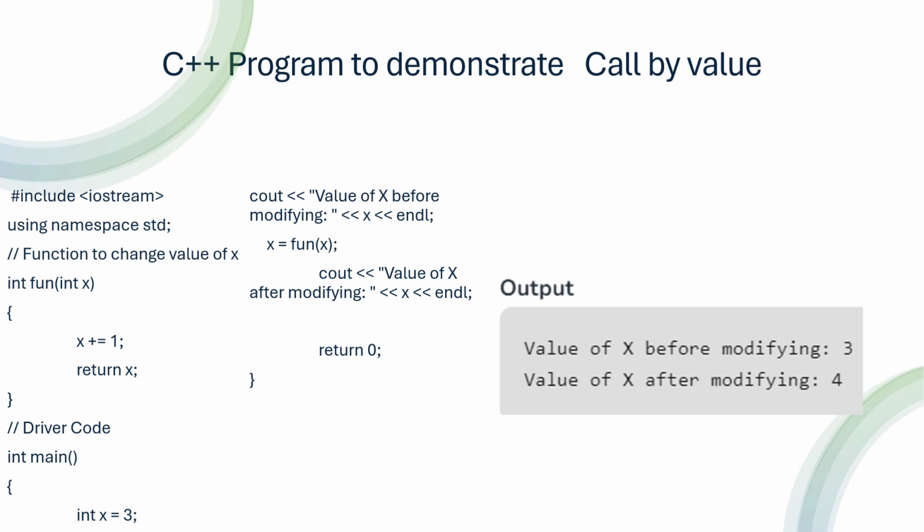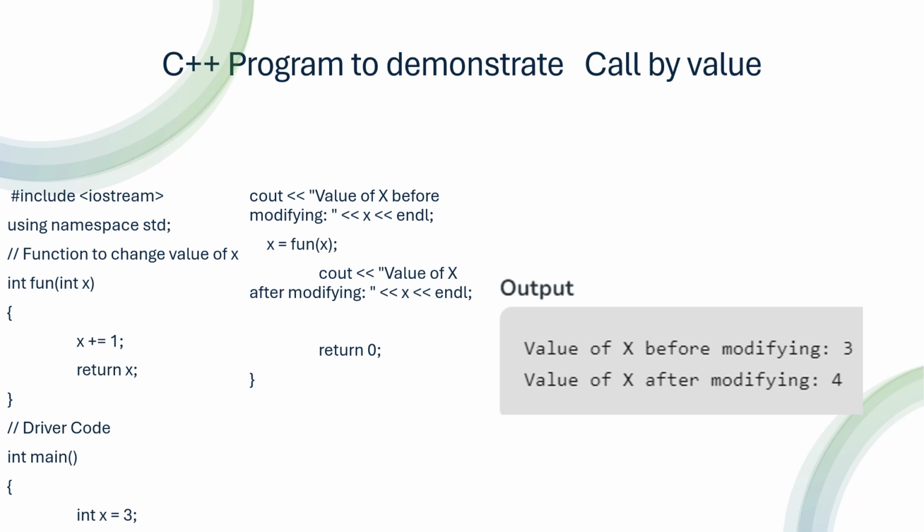Next, when we call it, we increment the x value and return it. Then cout the value of x after modifying. Initially x is initialized to 3. After that we increment the value, 3 plus 1, which will be 4.